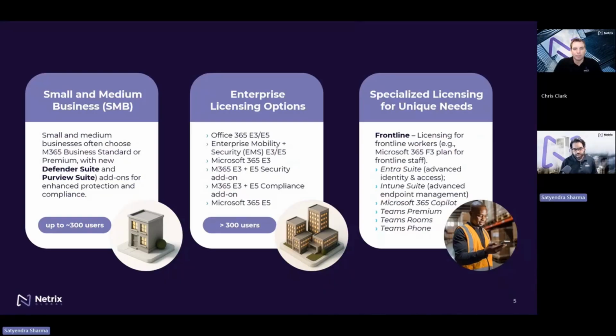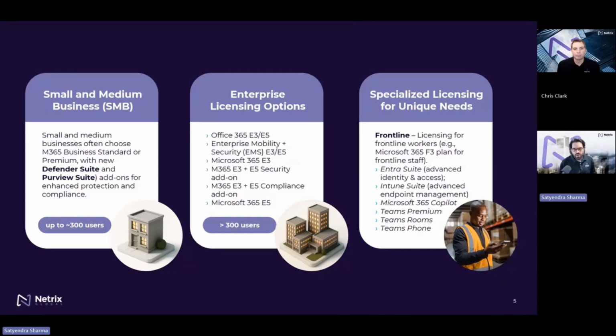Then we have enterprise companies. These are companies that are bigger than 300 users and up to unlimited, right? There is no top limit. So anything that is more than 300 falls into the enterprise category. This is where we start to see some of those Office 365 E3 licenses, E5 licenses. These are enterprise licenses for bigger clients.